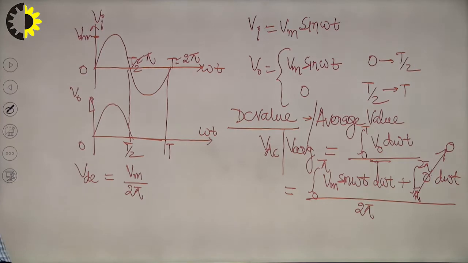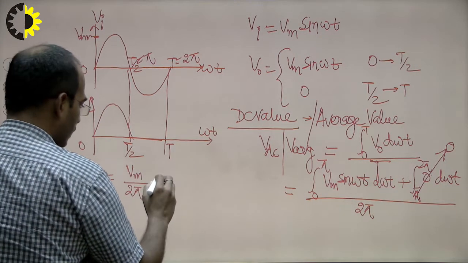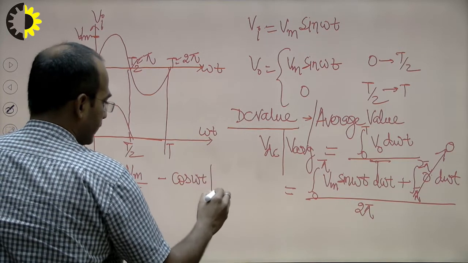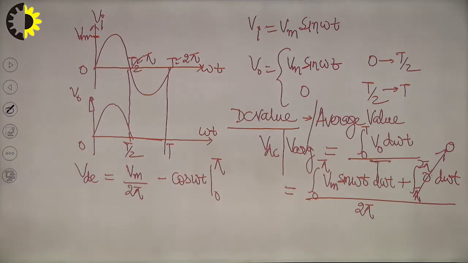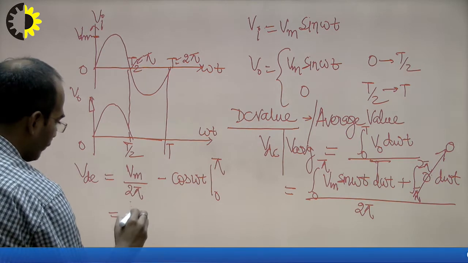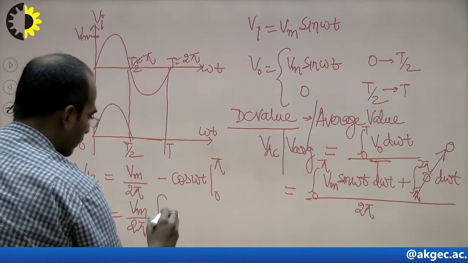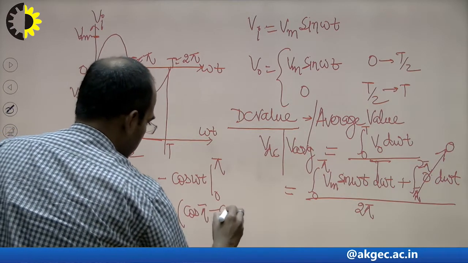I will integrate this sin omega t with respect to omega t. So, I will get minus cos omega t and integrate this from 0 to pi. Cos pi is minus 1, cos 0 is 1. So, I will get here Vm upon 2 pi, minus of cos pi minus cos 0.